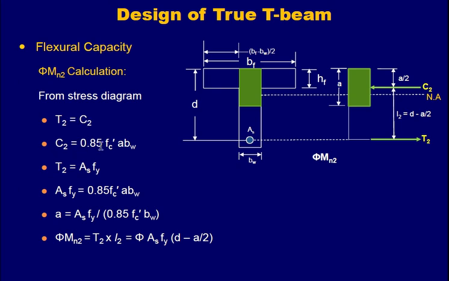C2 is equal to 0.85 fc' a bw, and T2 is equal to, we have just used AsFy, previously it was ASF. So AsFy, which is tension, is equal to C2, 0.85 fc' a bw. We can find small a from this equation, and similarly we can find As from this equation.